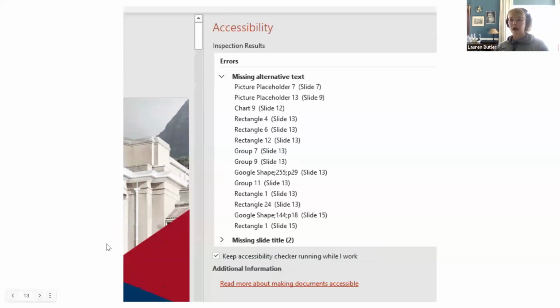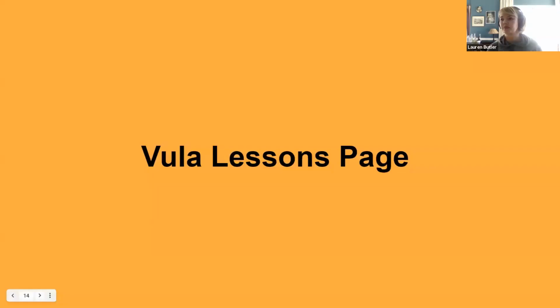So for PowerPoint, when you expand the list of errors, in this case missing alternative text, it will give you a list of the things that don't have alt text, and then you can click on any of these and it will take you to the slide that it's on, and it will highlight the item that's not accessible, and then you can either mark it as decorative or add a description to that item.